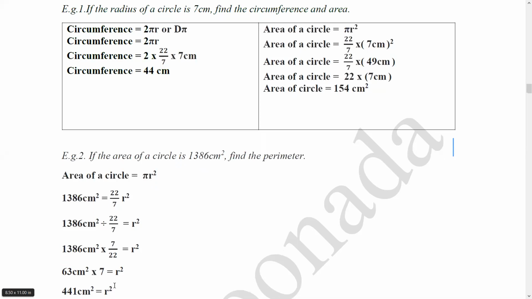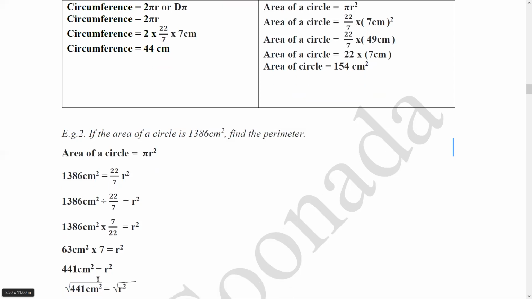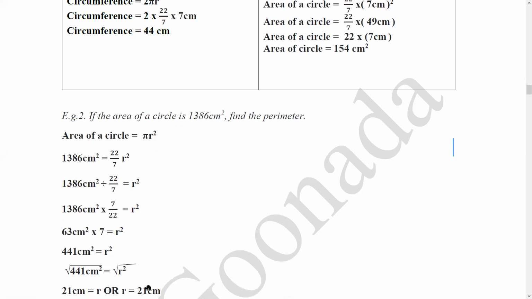So in order to get rid of the squared, anybody can tell me what we're doing? Yeah, the root thingy. Okay, very good. So we put the square root sign here to get rid of the squared. And algebra is all about balance, so we have to put it on the other side too. The square root will cancel with the squared and we'll get r. So 21 centimeters is equal to r, or we can say r is 21 centimeters.